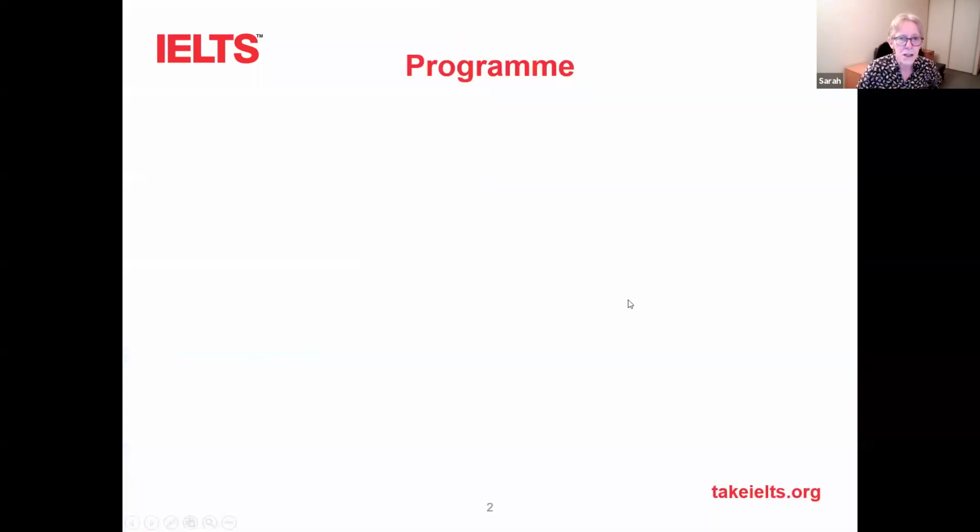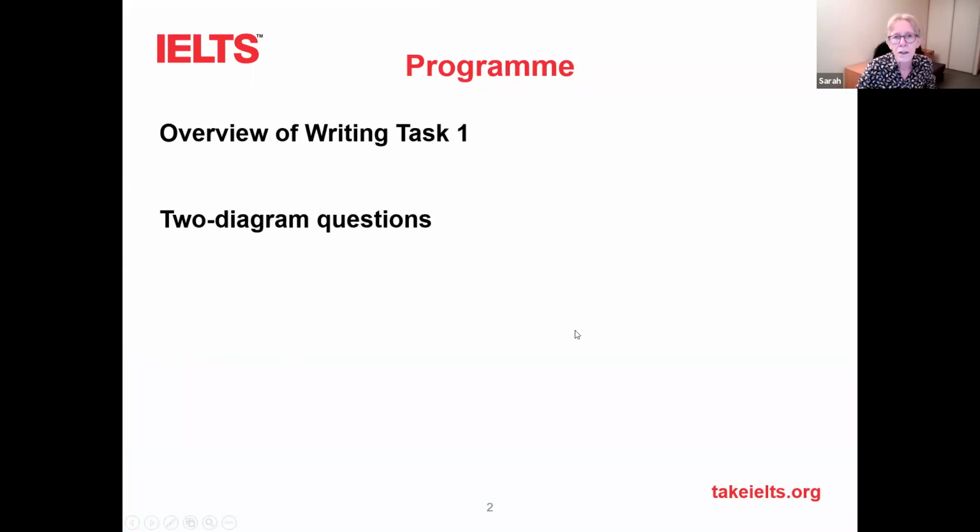Okay, so the programme, what we're going to try and get through today is a quick overview of Writing Task 1, for those of you who don't know so much about IELTS or the nitty-gritty of the test. And we're going to look at the 2 diagram questions in particular, because there's something that my students find particularly difficult. And so I thought that might be more helpful. So we're going to look at some of the problems and difficulties people have with them.